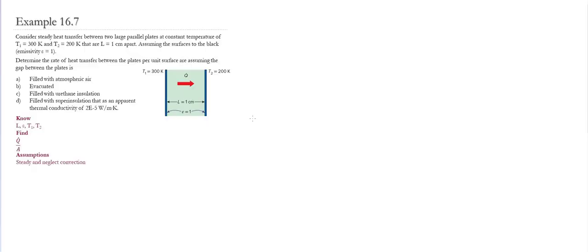For this problem, we are going to neglect the convection taking place between the two plates. Therefore, the only two modes of heat transfer that we're going to evaluate are radiation and conduction. Okay, so for conduction, we're going to simply say that it's going to be equal to the thermal conductivity of the fluid, the area, T1 minus T2, divided by the distance in between.